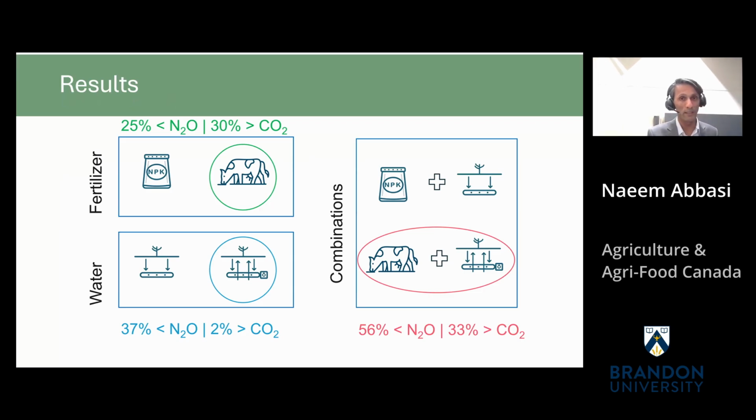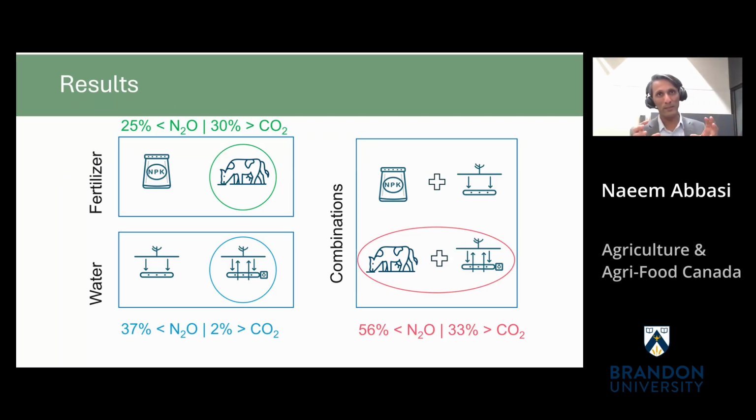So we found out that cattle manure reduced N₂O emissions by 25%, but increased CO₂ emissions by 30%. Water management, the effect was that controlled drainage reduced N₂O emission by 37%, but increased CO₂ emissions by 2%, which is not a lot.